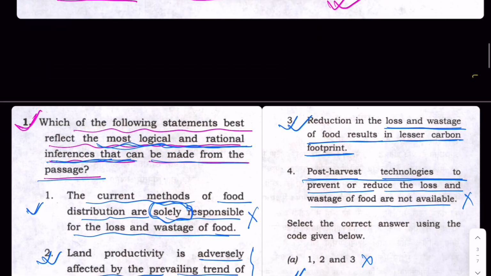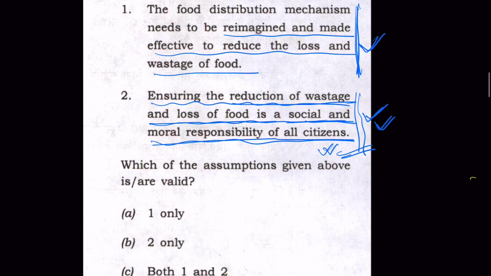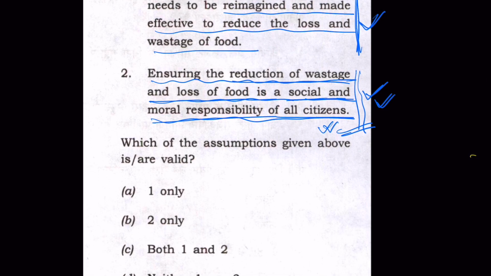So basically this means that ensuring the reduction of wastage and loss of food is a social and moral responsibility of all citizens, which seems quite true, right? So if I have to mark this answer, I will go with both, means 1 and 2 both. But some coaching institutes say that option 2 is right, some say option 2 is wrong. So let's see what UPSC has to say about this, but I think both of them should be the right answer.